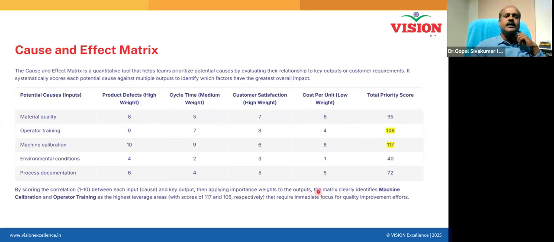In this manner, for every possible cause you have to give a rating, and whichever qualifies according to your criteria should be separated as most likely causes. This is the way you can separate most likely causes from the list of possible causes.